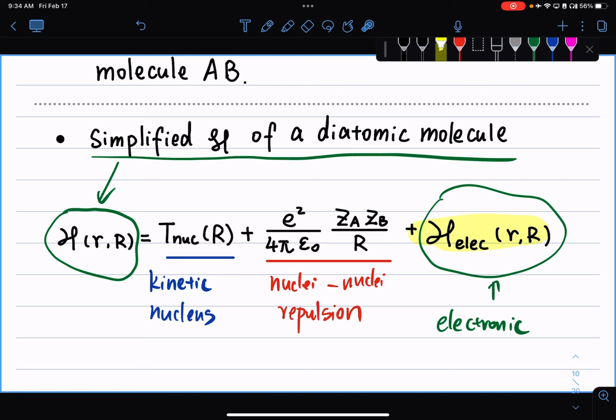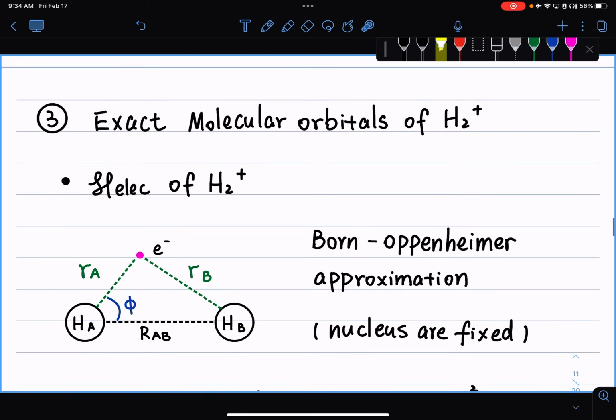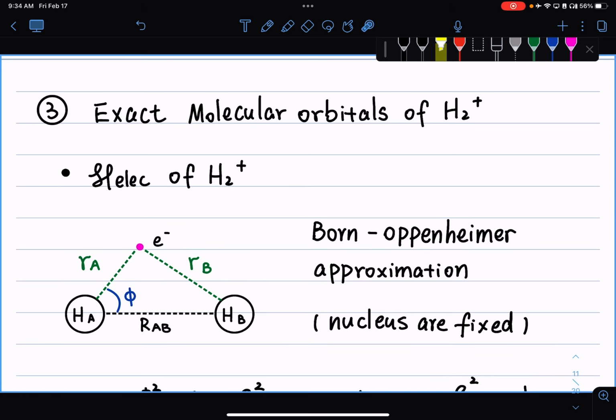All right, moving on. Now we have a representation. We have our electronic Hamiltonian of the electronic energy. So we will spend some time just solving for the exact molecular orbital for H2+. Remember, whenever we have just a one-electron system, that's something we can solve exactly.